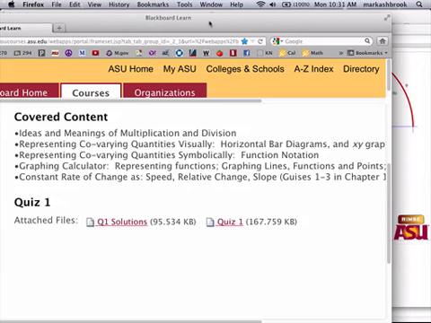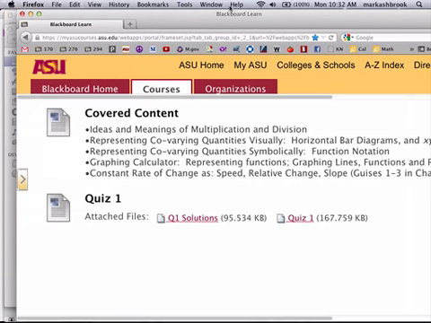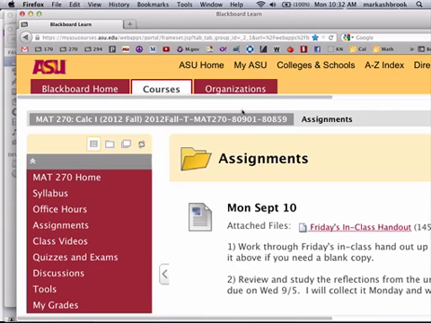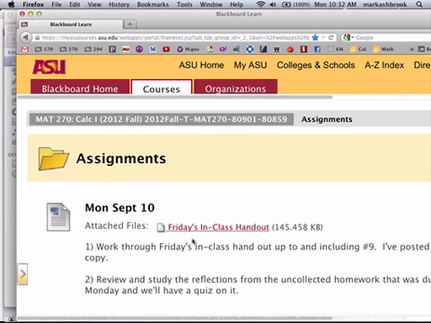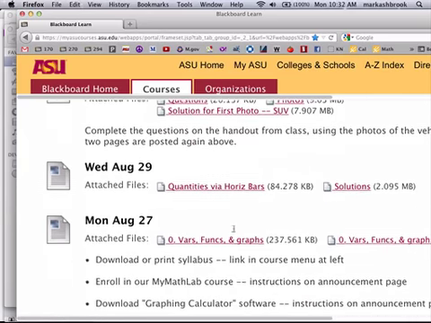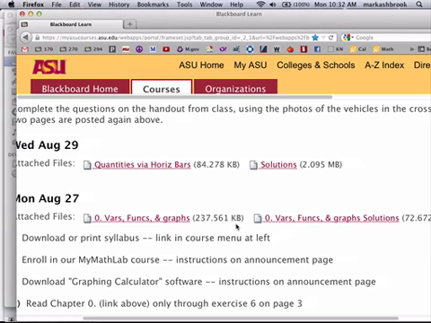And then we had a quiz about a week and a half ago. I posted a blank copy. You got those back graded in recitation, right? So I posted a blank copy and then a full solution key for that. In addition, I posted solutions to most of the homework up till now. If you just go back to assignments, mostly all the solutions are posted.